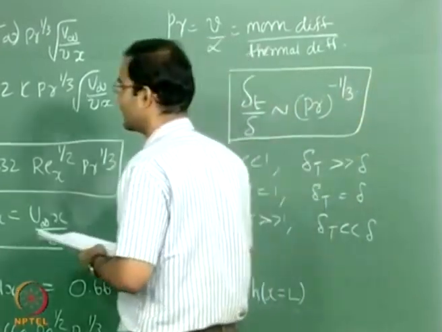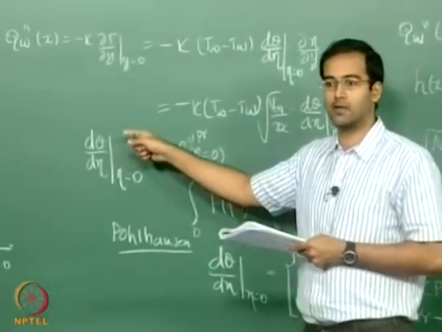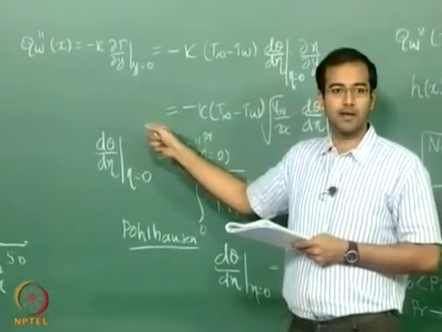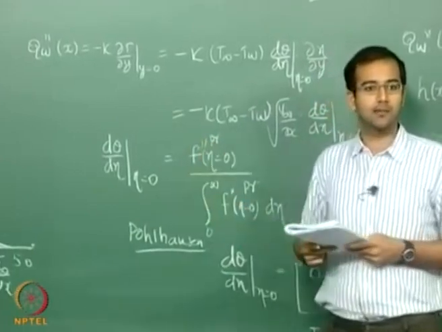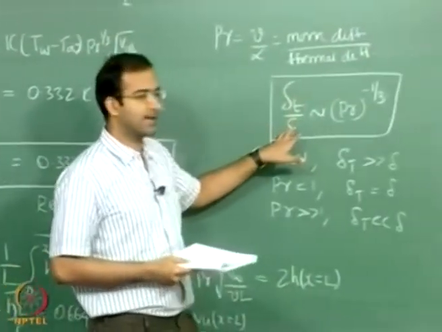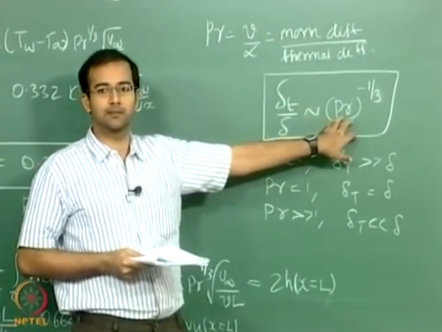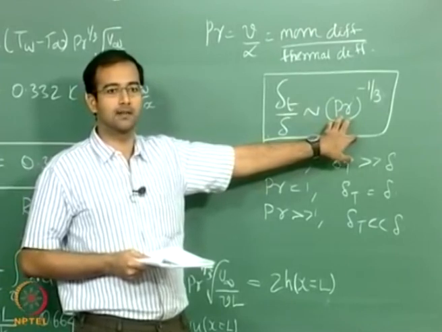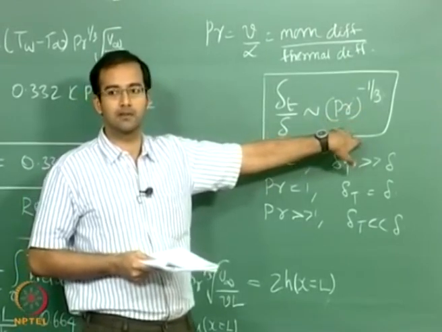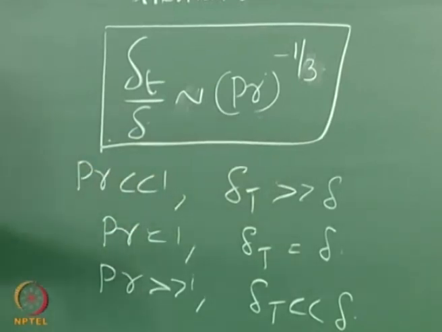This was concluded once you calculate your thermal boundary layer thickness from here and the momentum boundary layer thickness from the Blasius solution. You can simply take the ratio and you find that it exactly scales as Prandtl number power -1/3. This is something you can observe yourself, for higher Prandtl number. For the low Prandtl number regime, it scales as Prandtl number power -1/2.